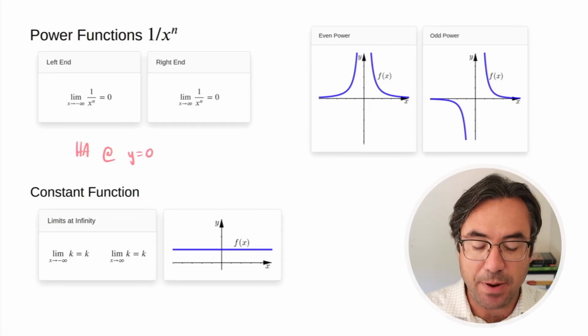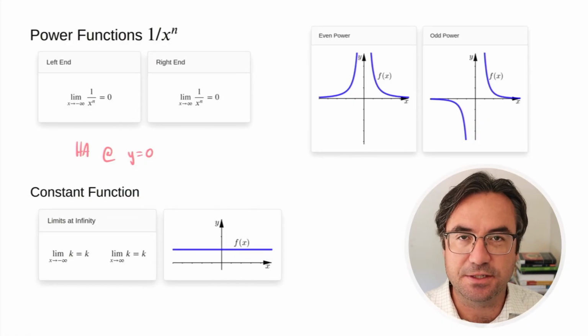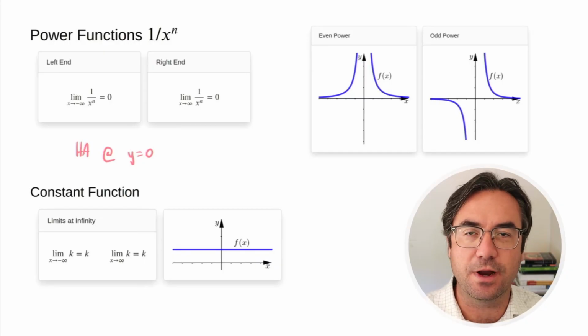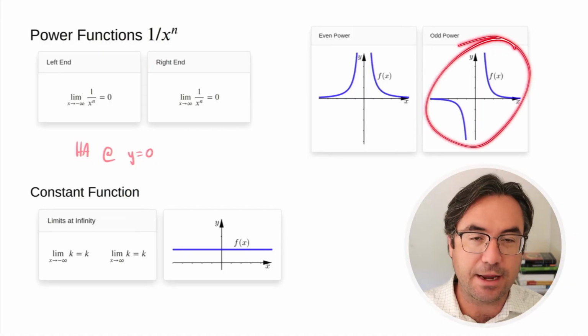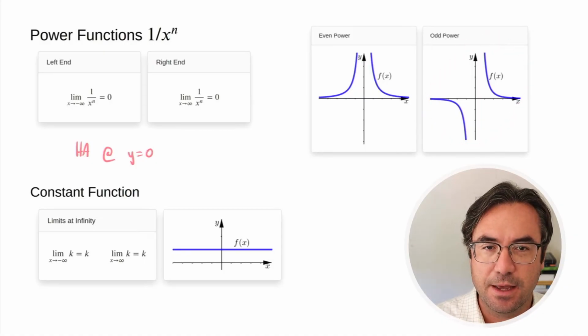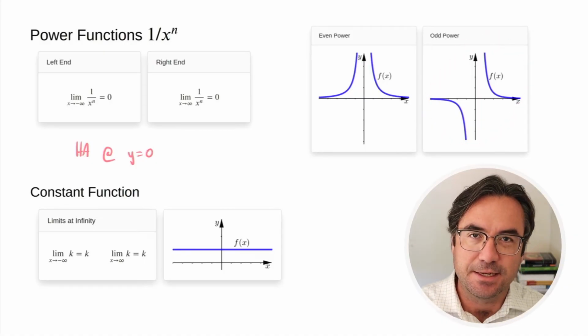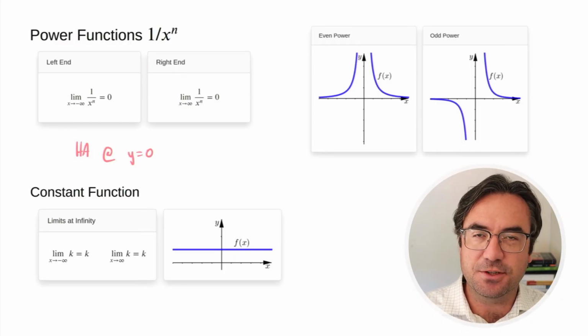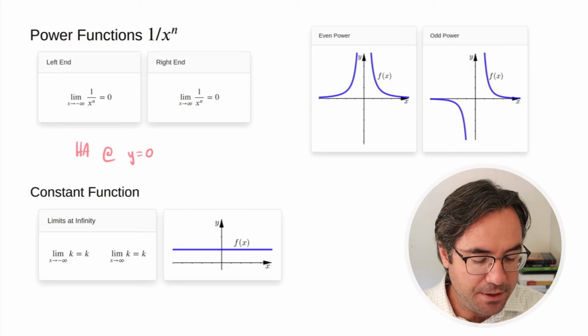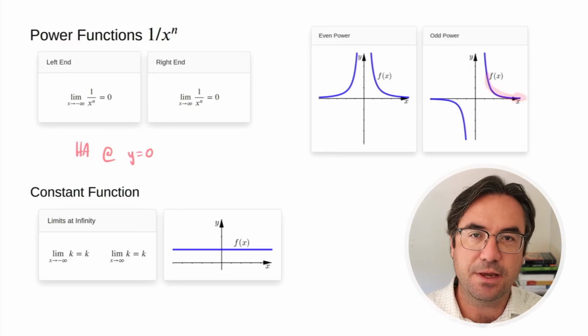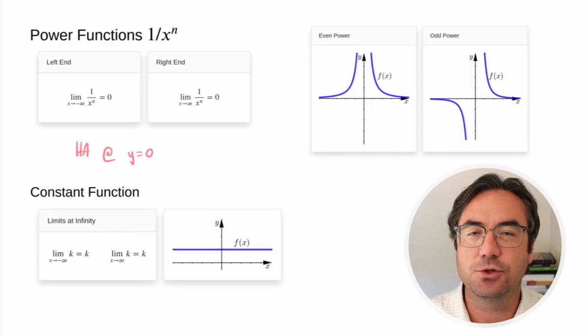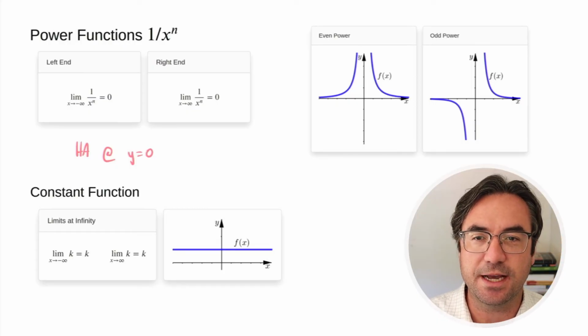Now, if it's an odd power, things like 1 over x cubed or 1 over x to the power 5 or even just 1 over x, they're all going to have this look to them. Again, the graph looks a little different, but if we look at the right end behavior, the height of our function is shrinking down towards 0. It's shrinking towards the x-axis.